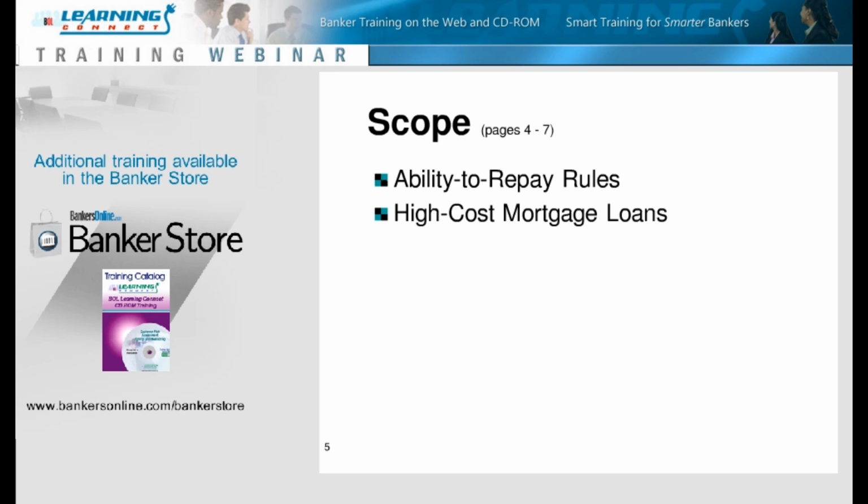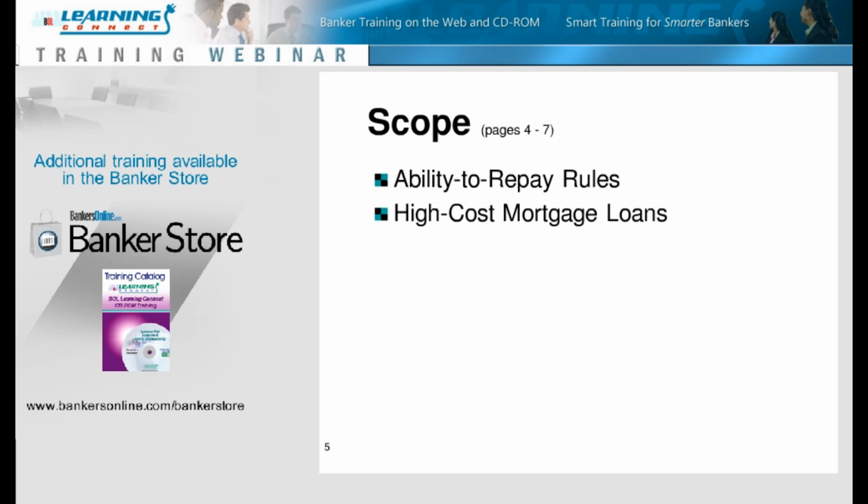Now, over on page 6, we also are going to be talking about the Ability-To-Repay requirements that come into play on certain kinds of HELOCs. Now, HELOCs aren't covered under .43, but in a separate part of Reg Z, the high-cost mortgage loan part of Reg Z, there are repayment ability provisions.